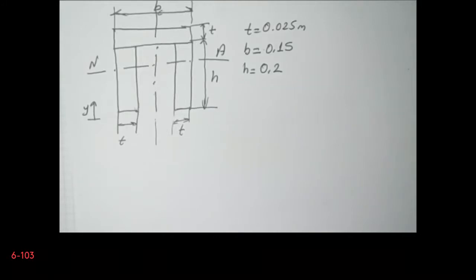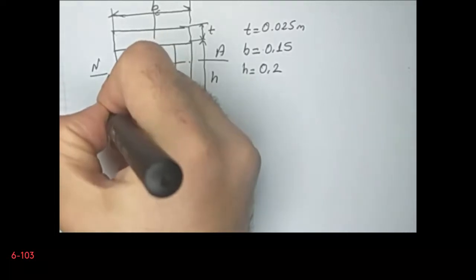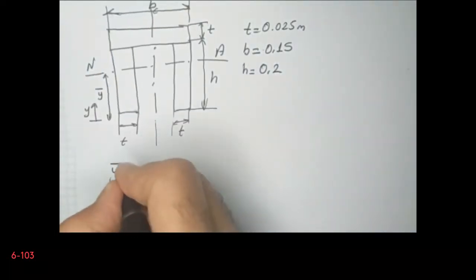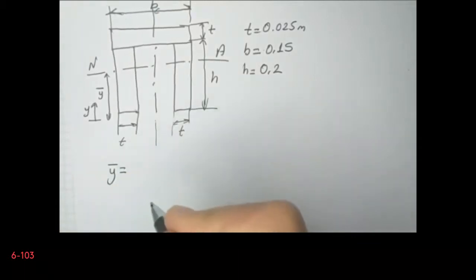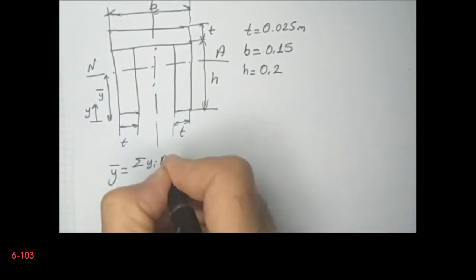Now let's calculate the centroid of this cross section. Y bar. This distance is y bar. So y bar is equal to the sum of the moments of the areas divided by the sum of the areas, so total area.